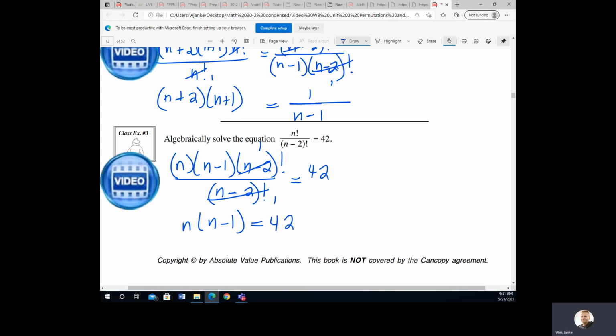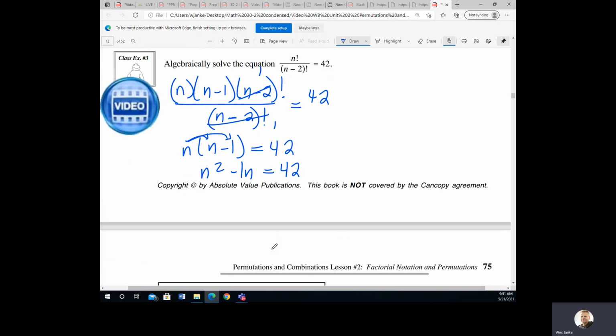Now when I distribute this n into the n and into the negative 1, I'm going to get n squared minus 1n equals 42. And in math, when a squared occurs on a variable, then we get what's called a quadratic equation. And we want to solve these by moving everything over to the side where the n squared is.